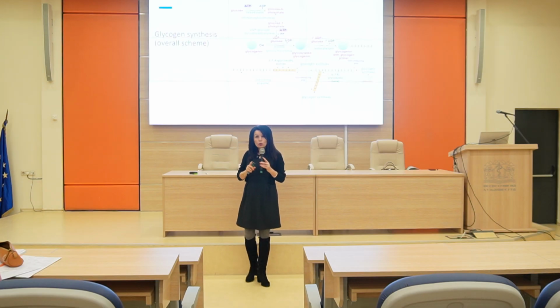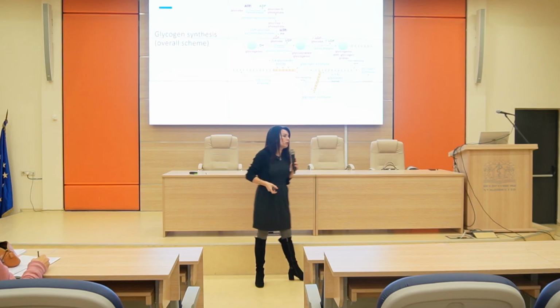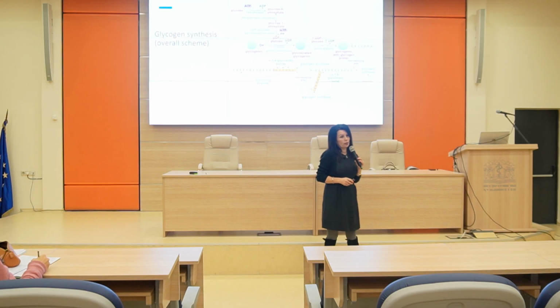For the muscle tissue, it depends on the exercises. If there are physical exercises right now, which means we need rapid energy production, the glycogen synthesis won't happen. But if there is just high glucose without exercises, of course the direction will be glycogen.